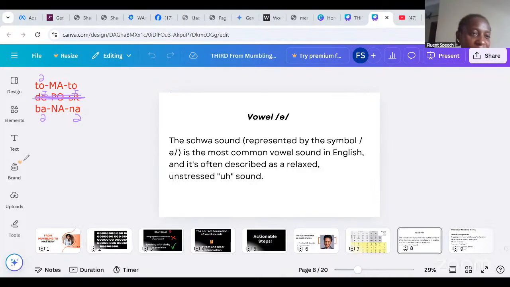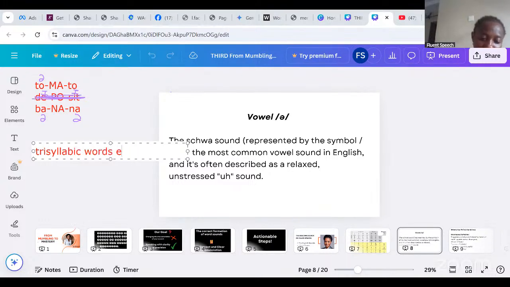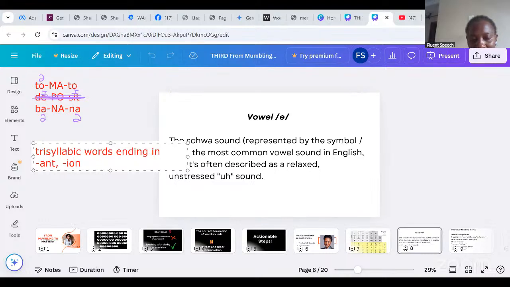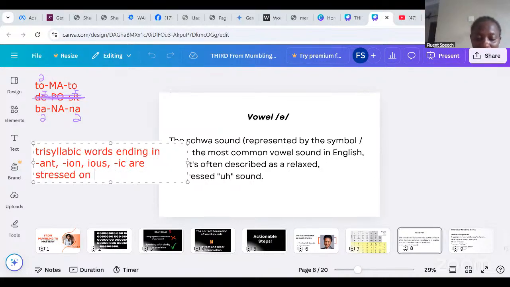Now let's take another rule. Another rule that talks about stressing words on their second syllable says that trisyllabic words ending in ANT, ION, IOUS, and IC are also stressed on their second syllable.